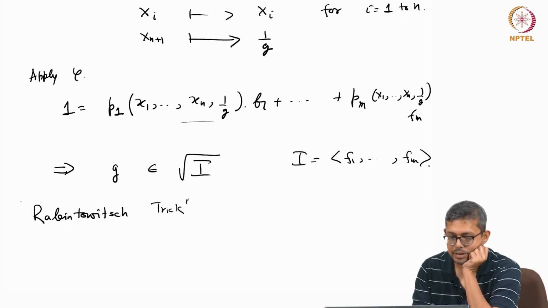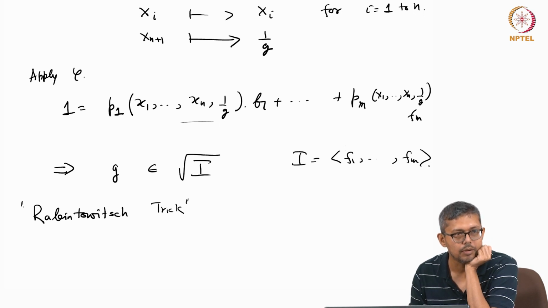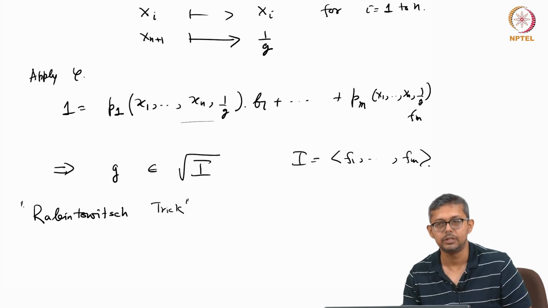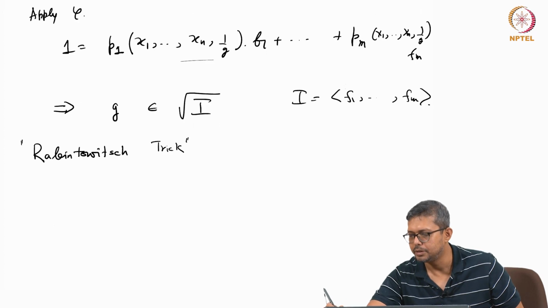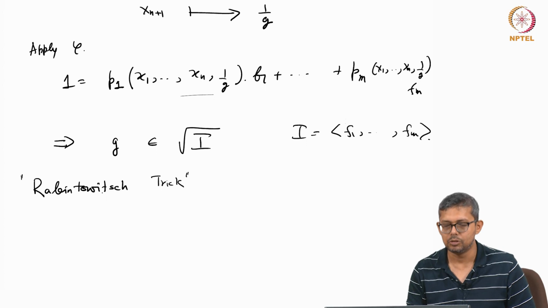It is so famous that it has a Wikipedia page. This trick is used in many proofs in algebraic geometry. This clearing of denominators we will see again in many places. But okay, we will stop here.